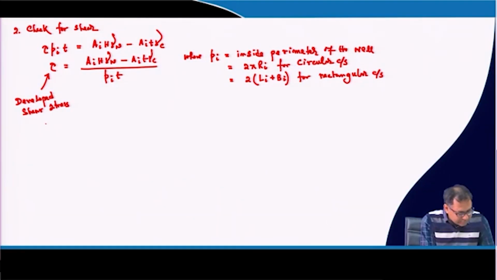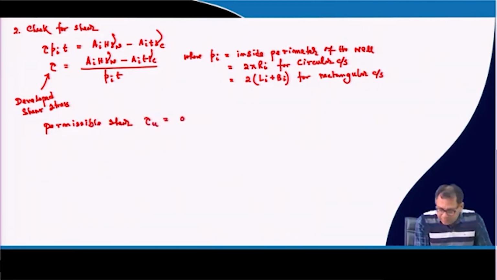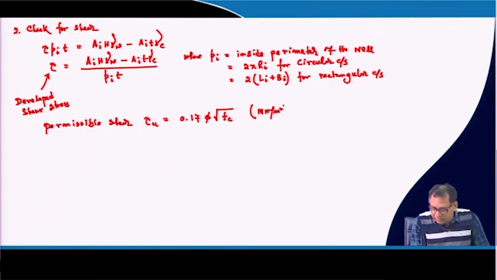Okay, so that permissible shear is equal to tau ultimate, that is 0.175 root F c, which should be in mega Newton per meter square, where F c is in mega Newton per meter square, and we can calculate that with phi, or you can take phi is equal to 0.85.